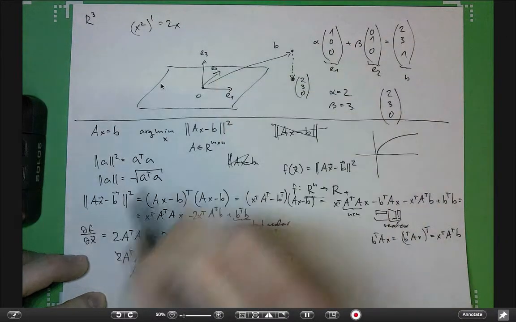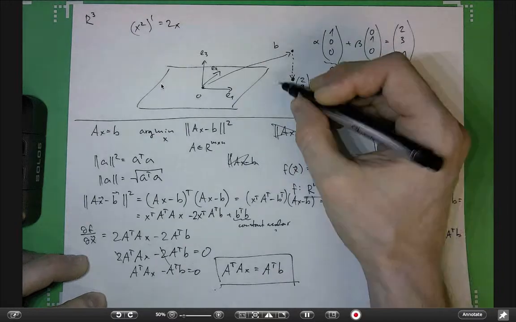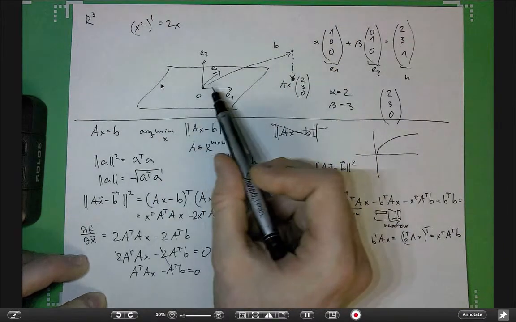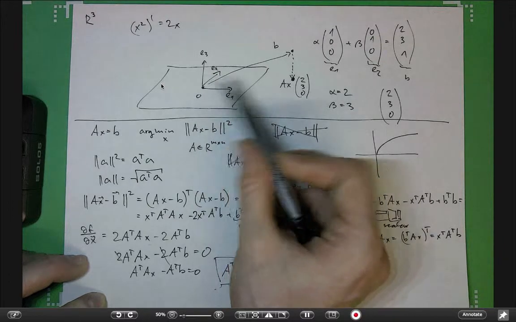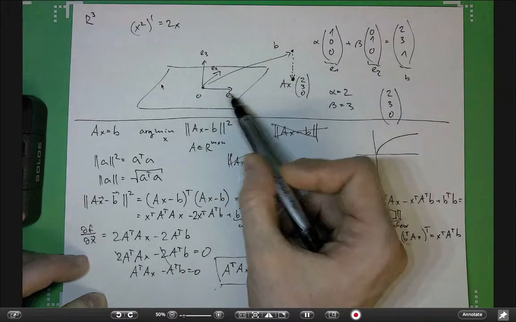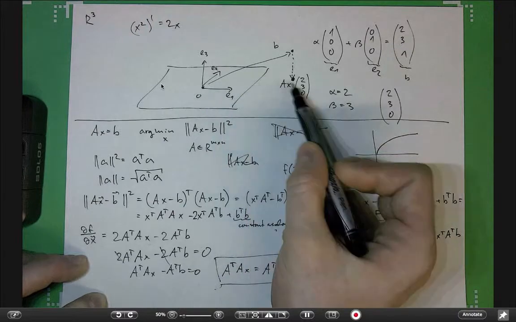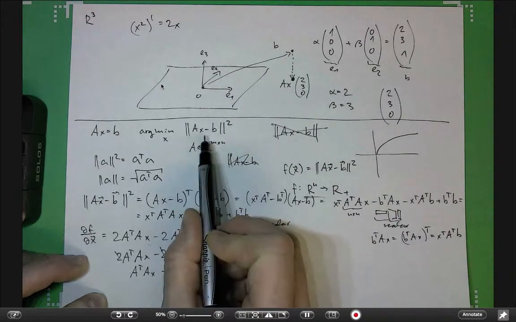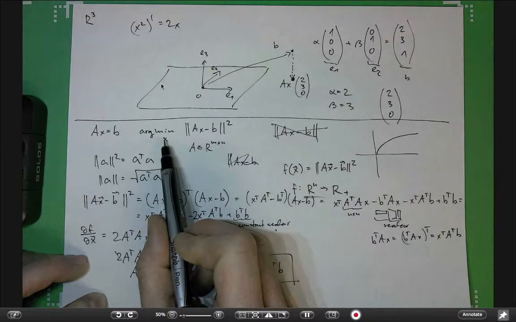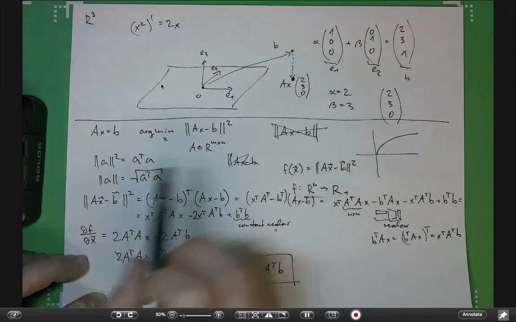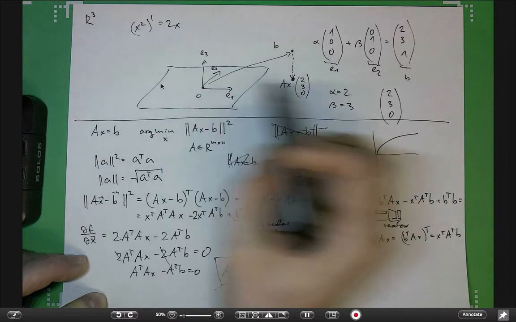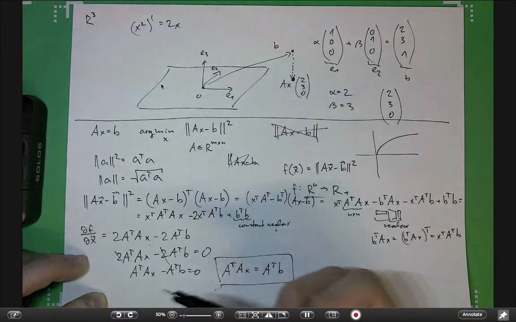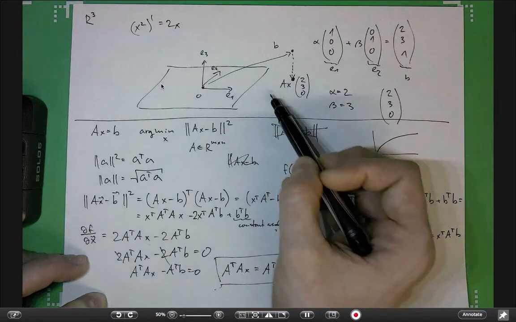How would I call this vector? I can just call it AX, right? So in this example, remember we were looking for a point in this two-dimensional subspace spanned by the vectors E1 and E2, which gets as close as possible to B. It's really the same thing as doing this. I want you to see the connection here. So the AX is just an arbitrary point in the column span of E1 and E2, an arbitrary point in this two-dimensional subspace.